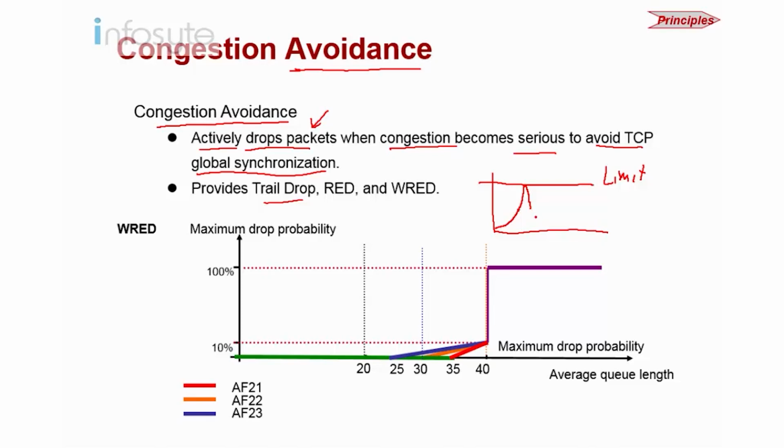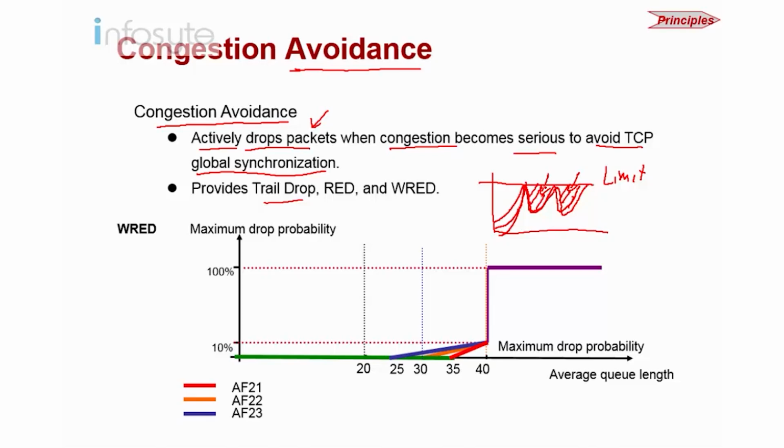Then I slow down, slow start again slowly, hit the limit, and then come down and slow start again. So if I have multiple TCP sessions going on at the same time and they drop at the same time, this is what we call global synchronization. This is the area where no packet is actually being sent, or in this case it's not optimized.